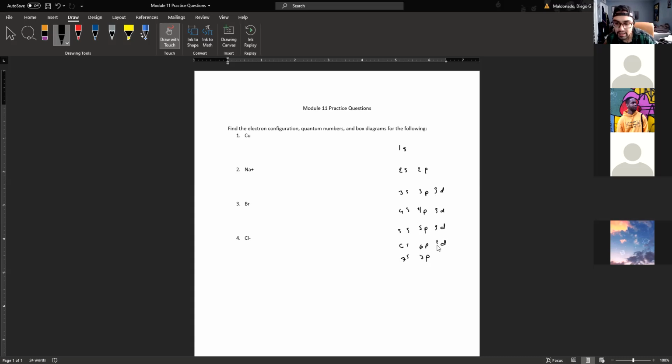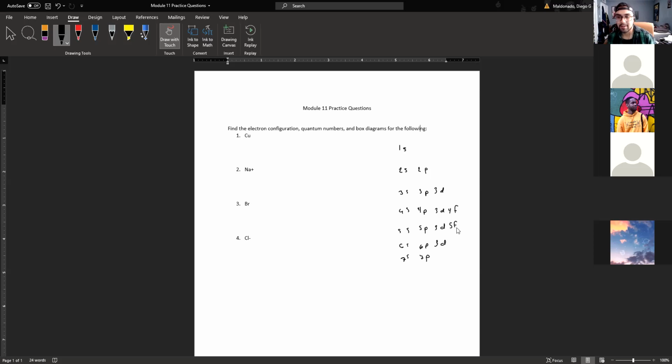And F? What level does it start at? F is that bottom row. It starts at 4 and ends at 5.